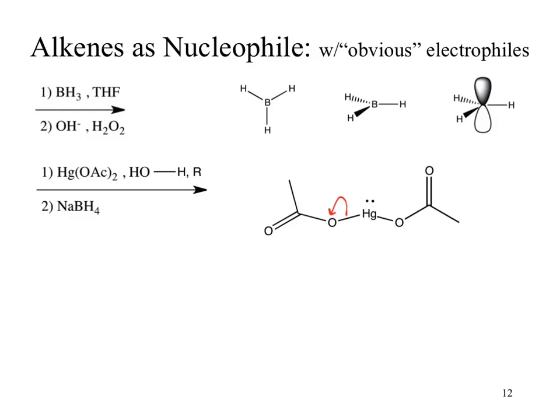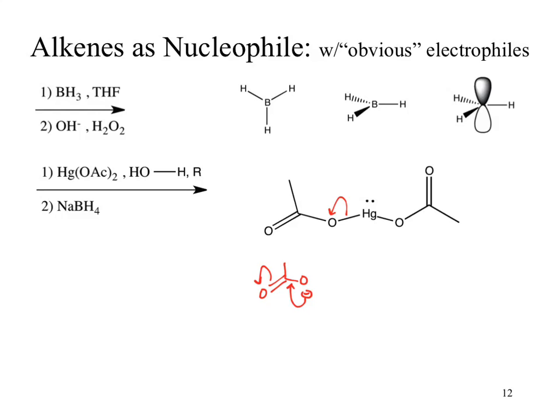Why would they be a good leaving group? What makes anything a good leaving group? It needs to be more stable. Why is that ion more stable? You've got resonance. The negative charge can be donated in, and we get a resonance structure.